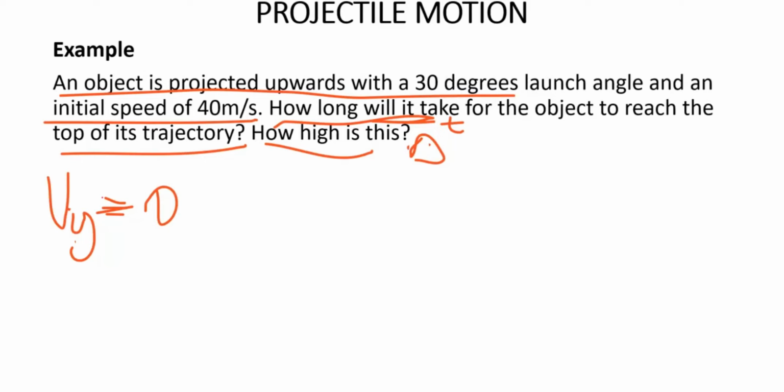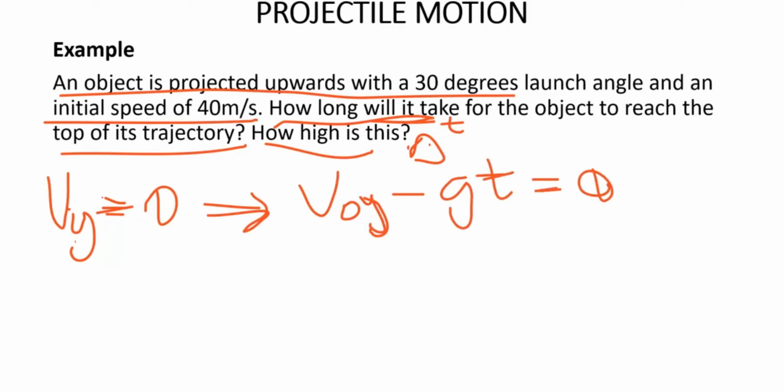So when Vy is equal to 0, we can set it equal to 0, which implies that V0y minus gt is equal to 0.